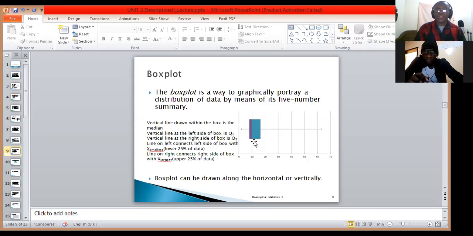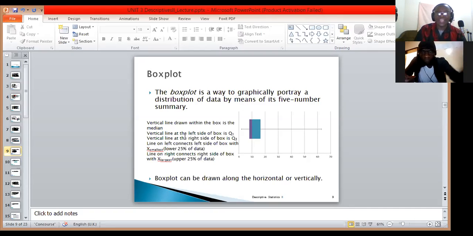We calculated that our mean was 15 and our median was 10. So we first locate the median and put our box there.